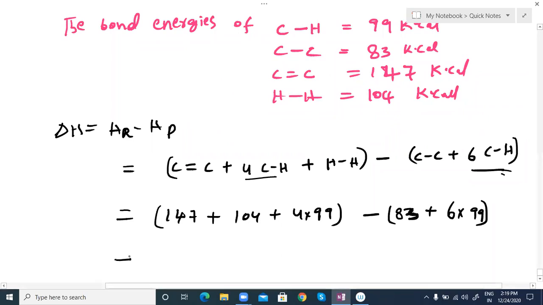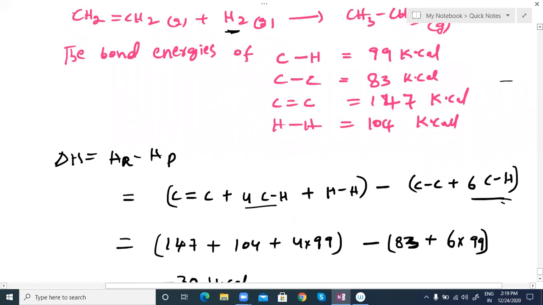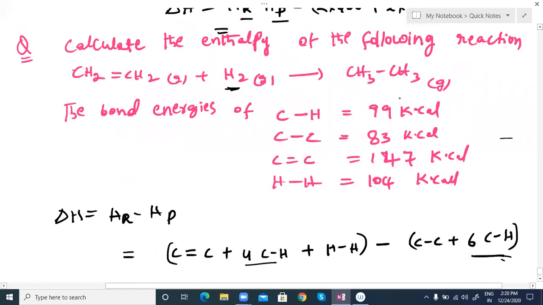To solve these problems, you have to know addition and subtraction perfectly. Is the delta H answer negative or positive? Negative. Minus 30 kilocalorie. So is hydrogenation of a double bond exothermic or endothermic? Double bond to single bond means an exothermic process. Delta H is negative only, no?